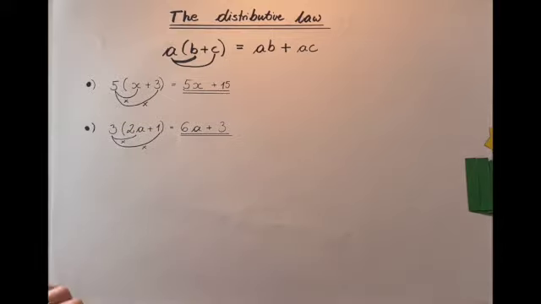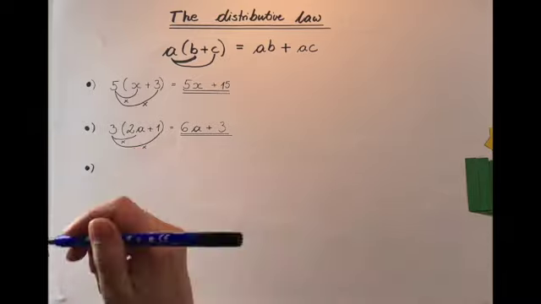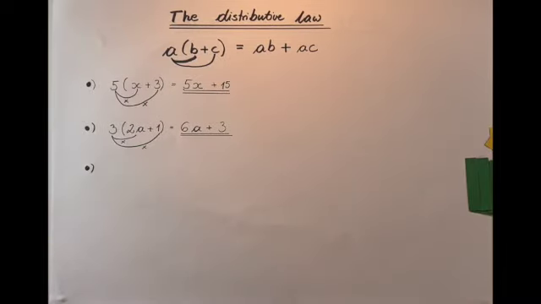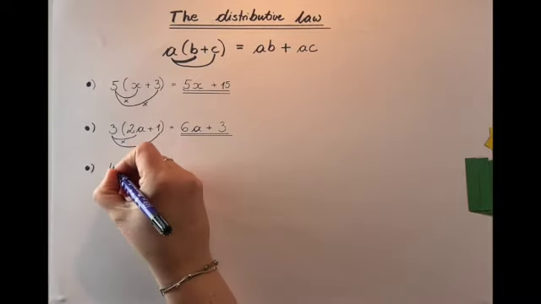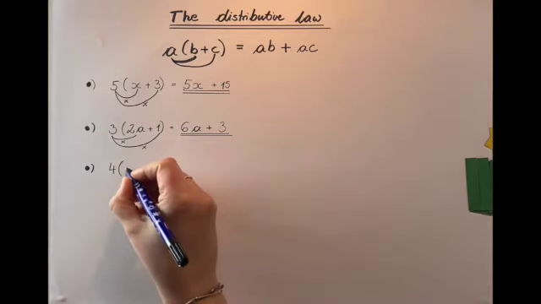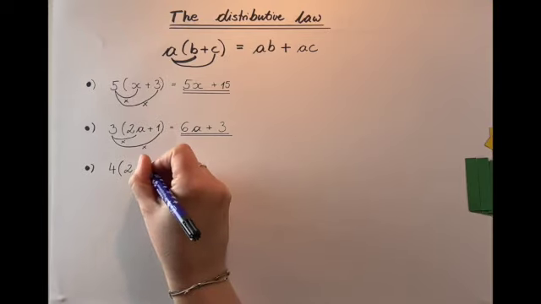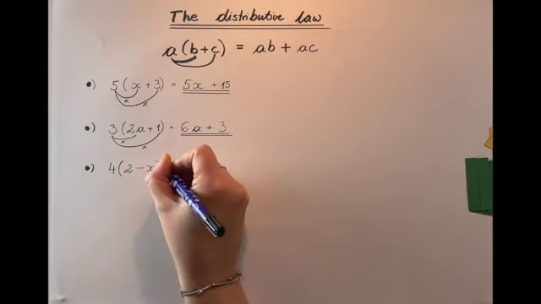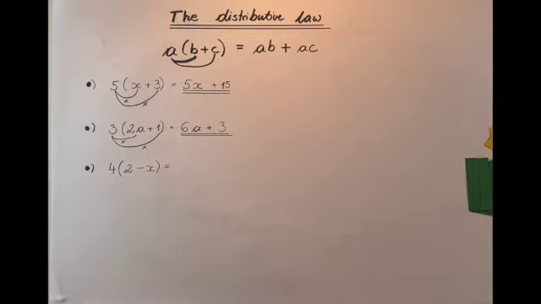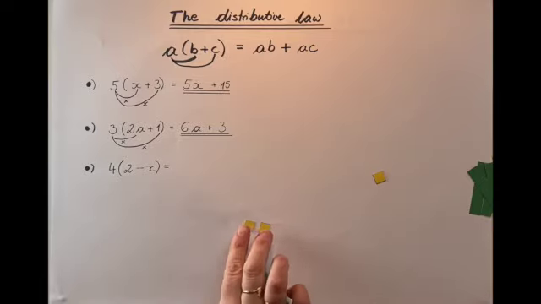Another one. I'm now going to include the first negative. Let's say we want to simplify 4 times (2 minus x). Remember, we are going to first start with the expression in the bracket.